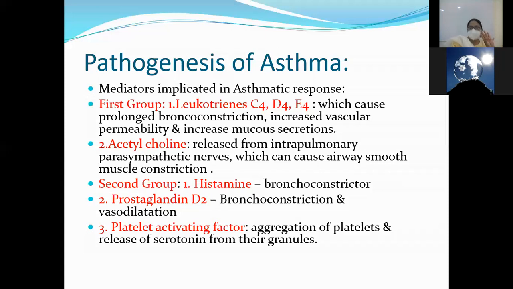And in the first group, acetylcholine also plays a role; it is released from the intrapulmonary parasympathetic nerve, which can cause airway smooth muscle constriction. Clear?